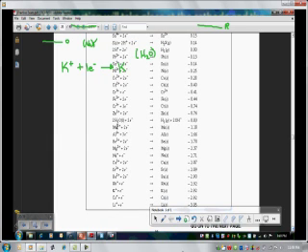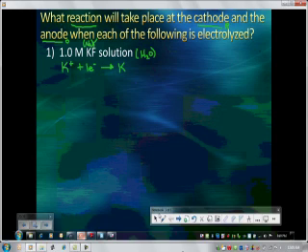Let me just highlight that for us. This reaction where we're adding an electron to the potassium ion to form potassium, the element, in atomic form, would be a negative 2.92 volts. And that's the value we were looking for, so let's write that into our slide. Negative 2.92 volts.